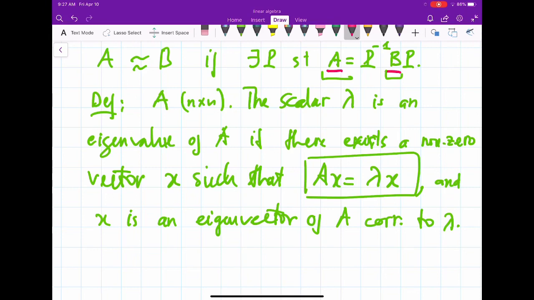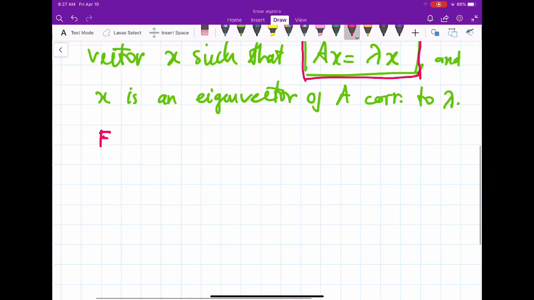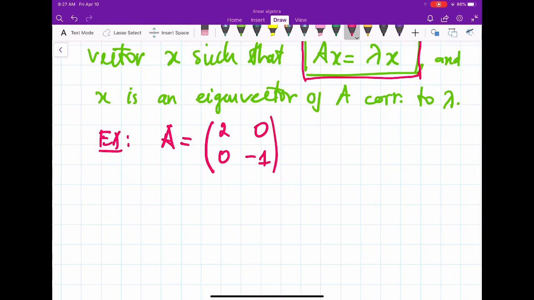Makes sense? Basically, in order to find eigenvalues and eigenvectors, we have to work with this system, right? Ax equal to lambda x. For example, if you have some matrix A, 2, 0, 0, and negative 1, and you want to find eigenvalues and eigenvectors of this matrix, right?